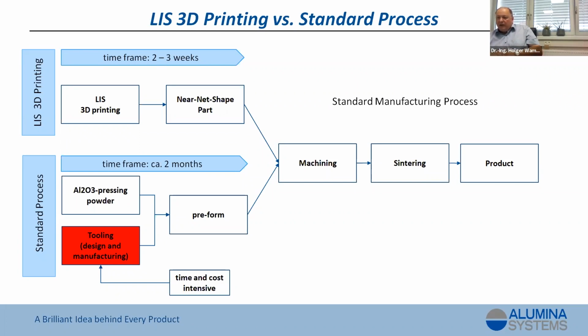And then the customer has to pay 4,000 euros, and we need 2 months just to make the preform. If you go to the LIS technology, you can start immediately to print the raw parts. And as I said, you are ready in 2 to 3 days.